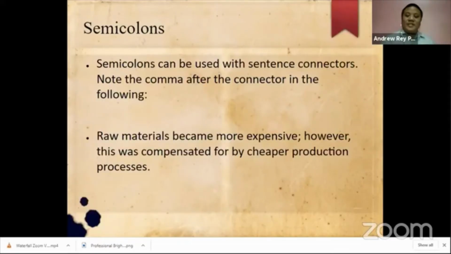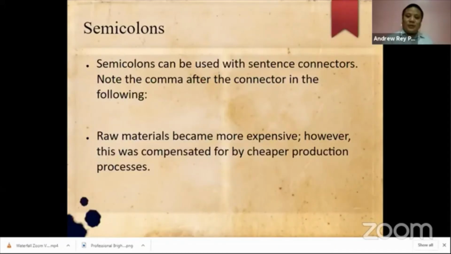Semicolons can be used with sentence connectors. Okay? Note the comma after the connector in the following. Okay? Raw materials became more expensive; however, this was compensated for by cheaper production processes.